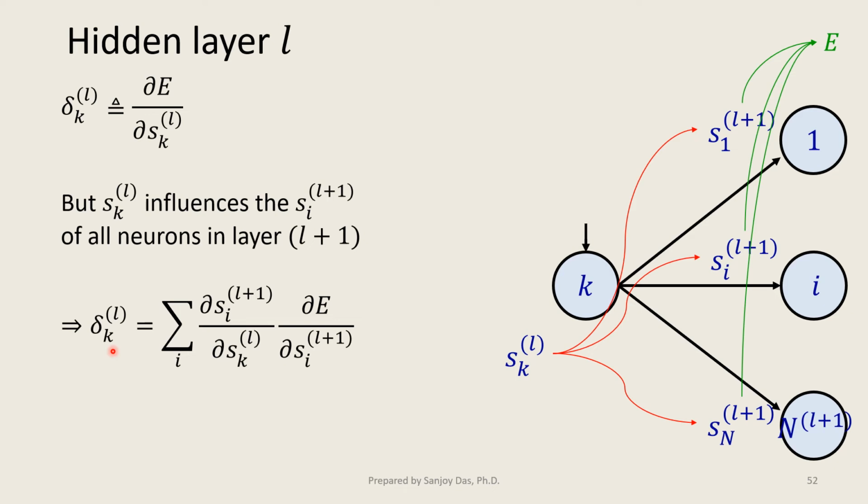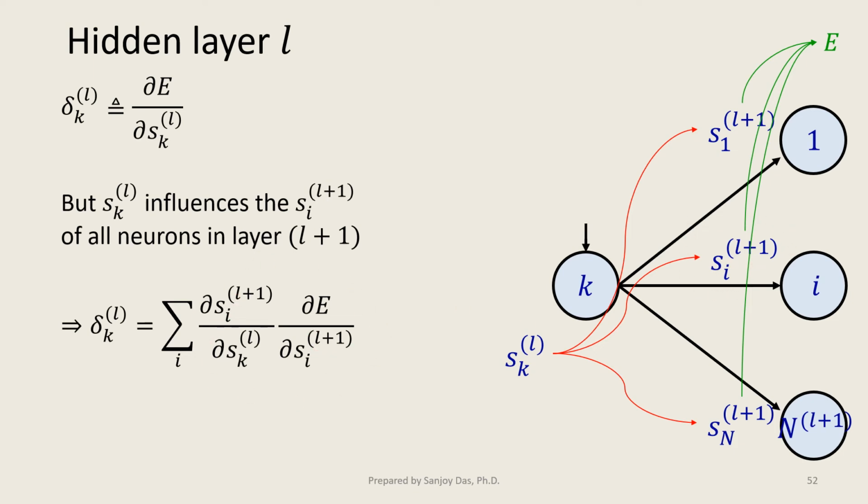Whence we can write delta_k of this layer L neuron equals the summation of the partial derivative of each s_i^(L+1) over s_k^L times partial E over partial s_i^(L+1).